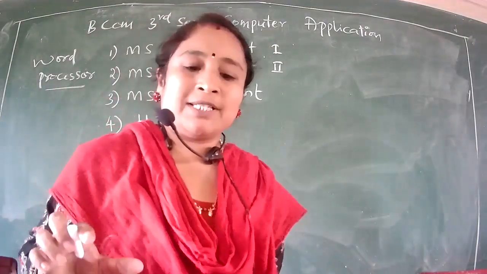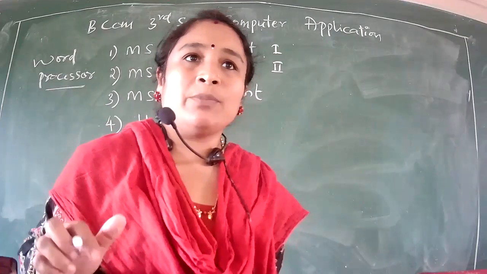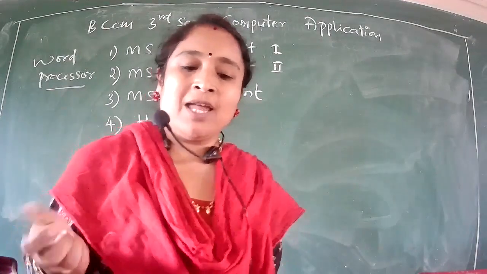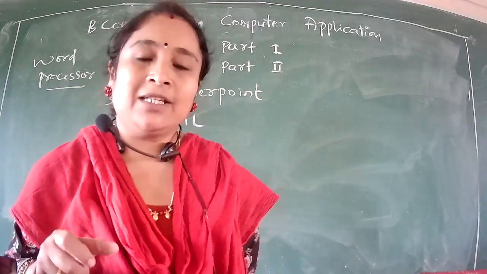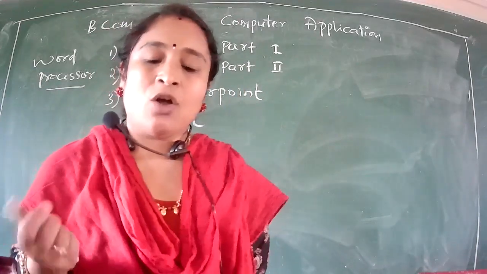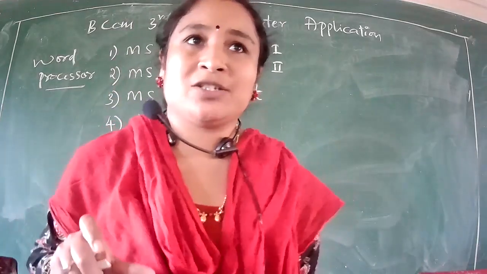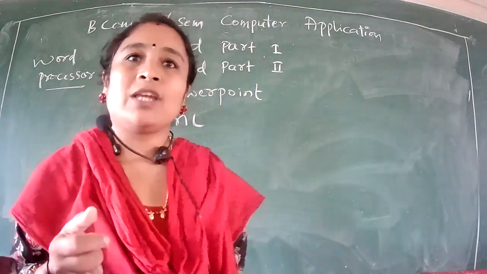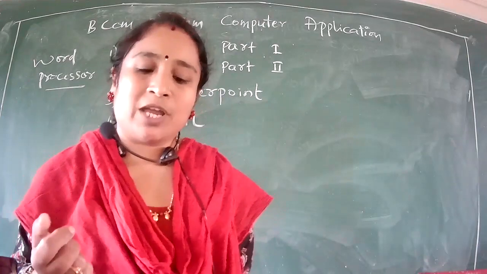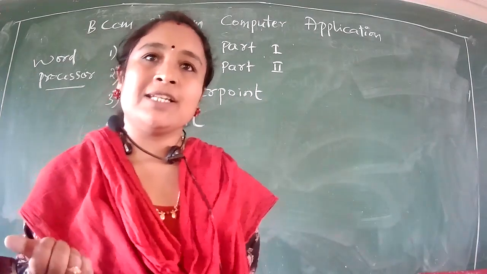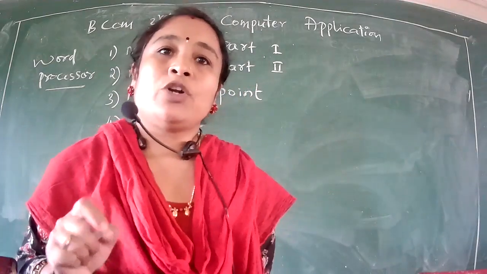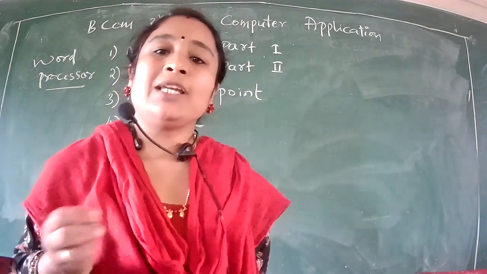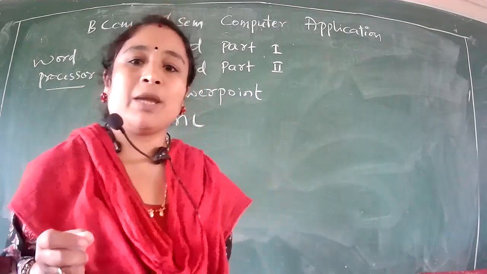A word processor is a device or a computer application software that provides for input, editing, formatting, and output of text, often with some additional features. This is one definition you can give. One more definition: a word processor is an application software which is used for documentation purposes. You can create your own documentation from MS Word.